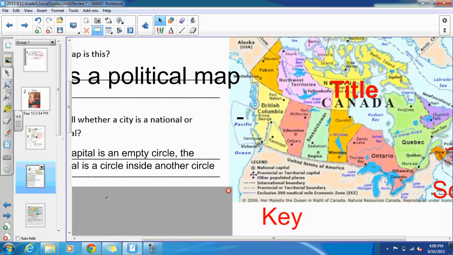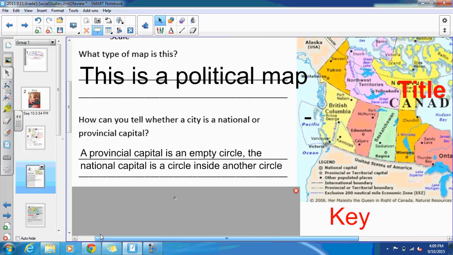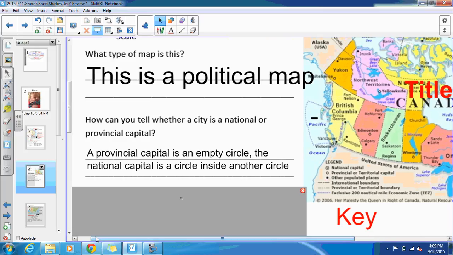Provincial is going to be this little circle that is empty. There's nothing inside of it. My national capital is going to be a circle with a dot inside of it. So that's the difference. The provincial capital is an empty circle. The national capital is a circle inside of another circle. Get it if you don't have it already.